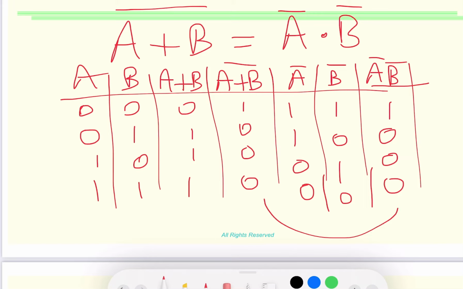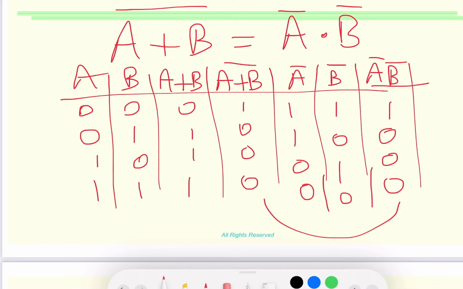So here again we can see that both are the same. That's the second theorem.